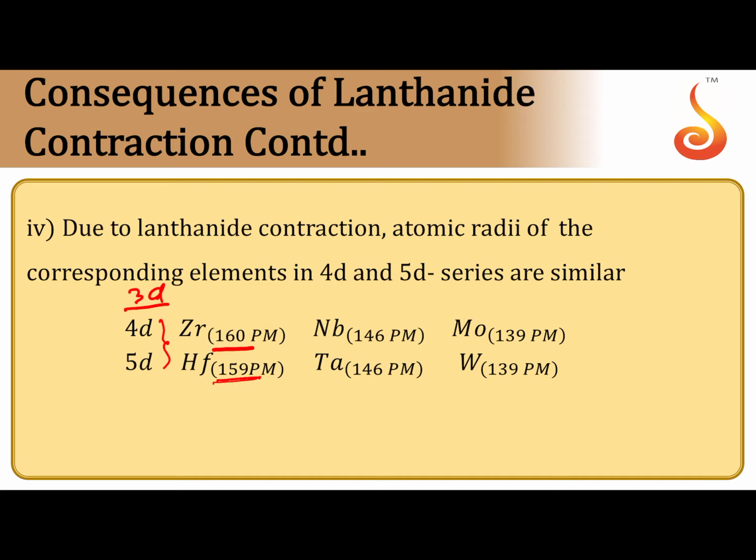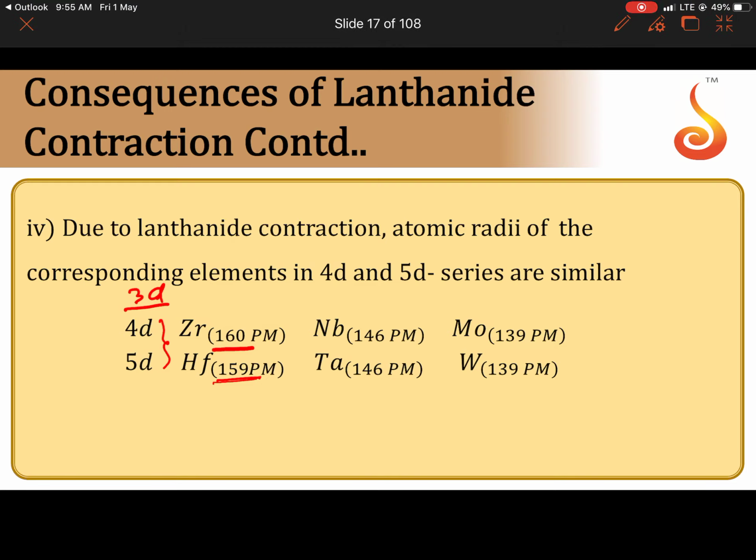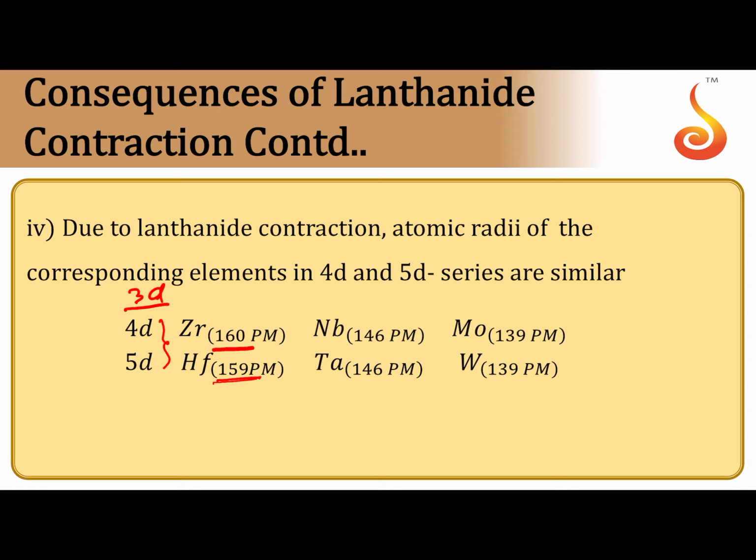This is because of lanthanoid contraction. 14 lanthanides are present between zirconium and hafnium, and in those 14 lanthanides atomic size gradually decreases. So the increase in size due to the extra shell is compensated by lanthanide contraction. That is why 4d and 5d series elements have the same atomic size and more similarities in their properties.